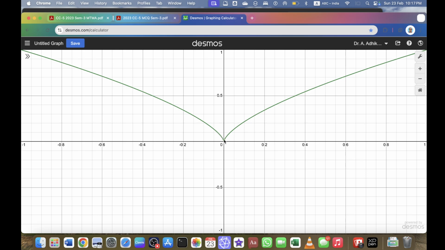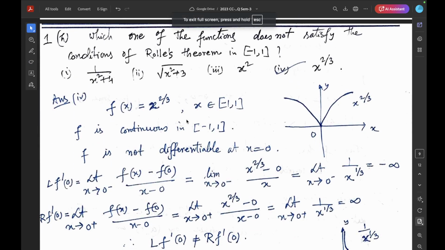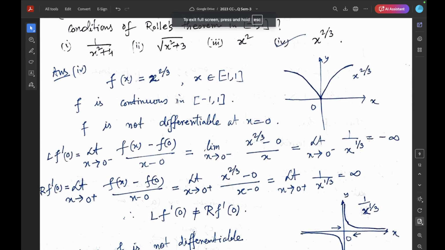So this is the point where f is not differentiable. f is continuous in the closed interval minus 1 to 1, but f is not differentiable at x equal to 0.